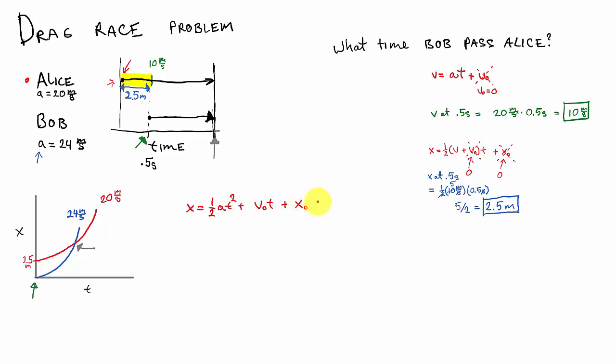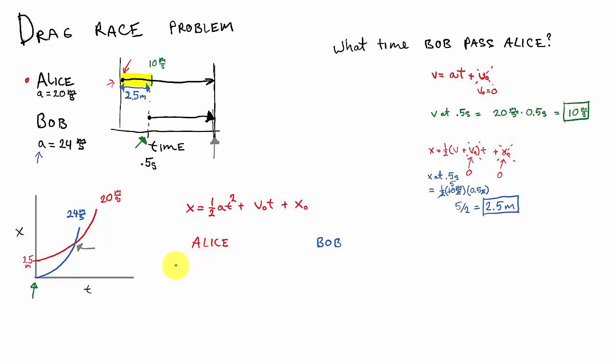So we will do one for Alice and another one for Bob. The beauty of quadratic equations is that you can set them equal to one another.